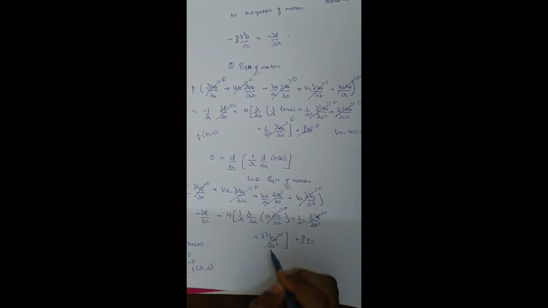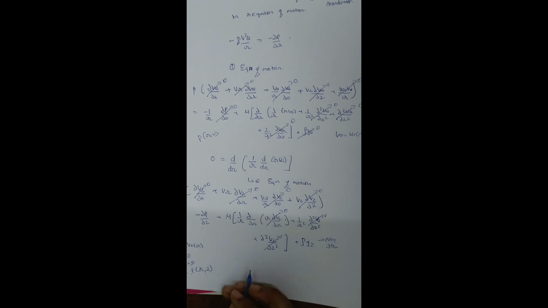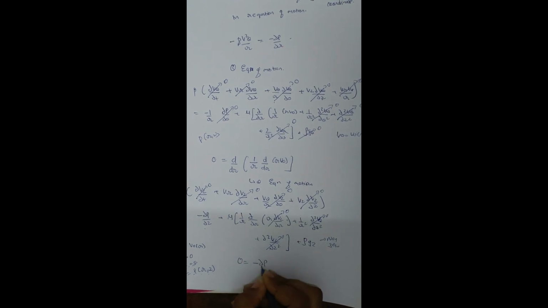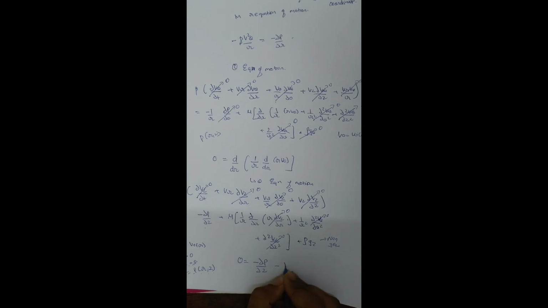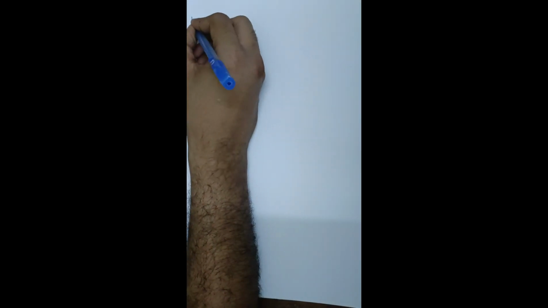This is also going to be 0 for the similar reason, because vz is 0. ρ gz is non-zero because g is in the direction of z. So the final equation comes out to be -∂p/∂z - ρ g. Till here we have deduced all the Navier-Stokes equations for the given problem.